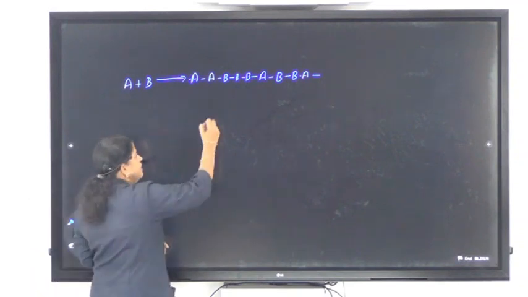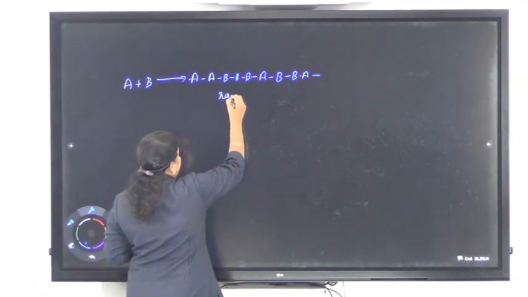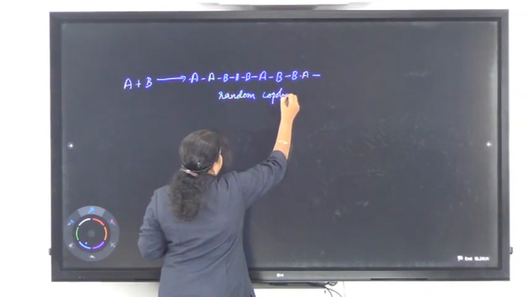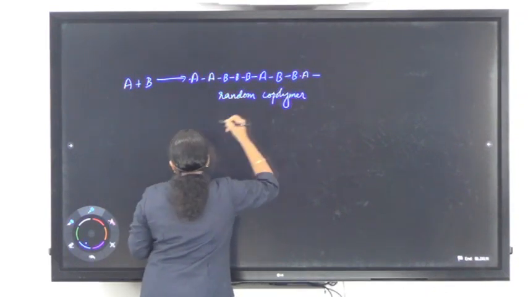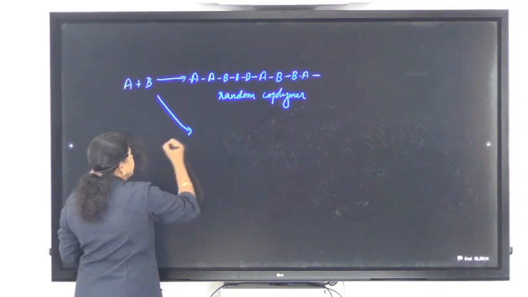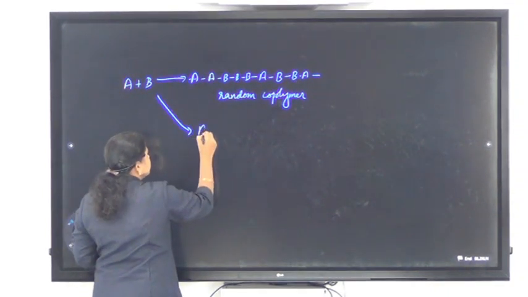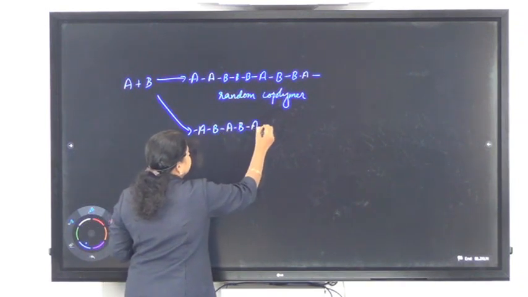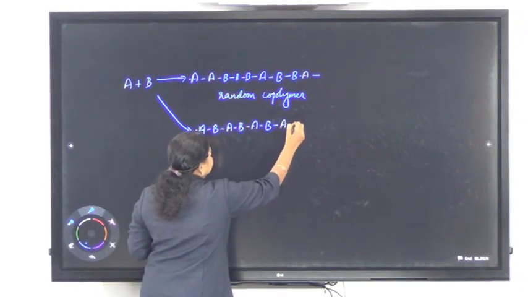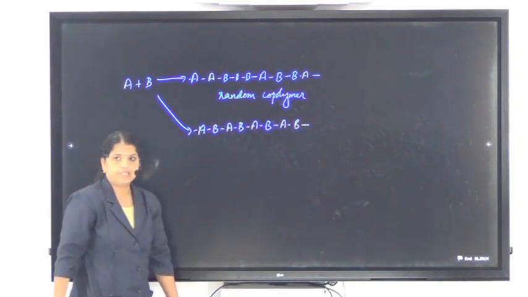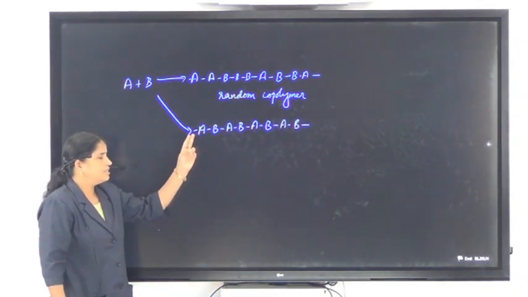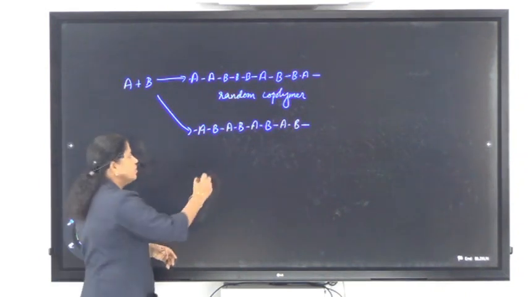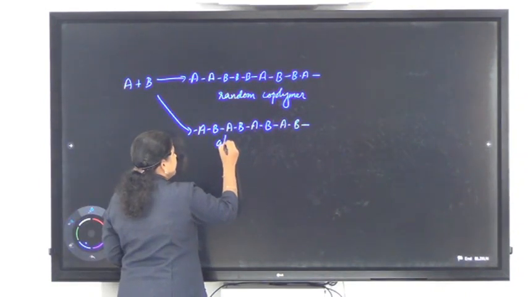So that is called a random copolymer. Then it can also link like this, alternately, with A and B arranged in the polymer chain. So that is called an alternating copolymer.